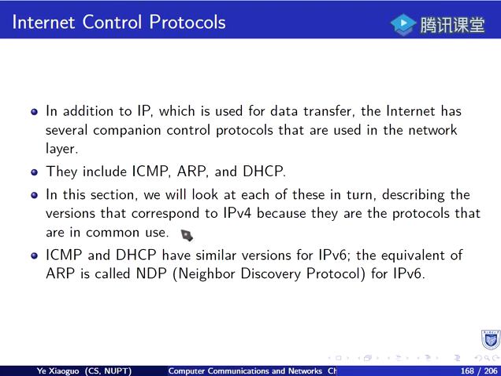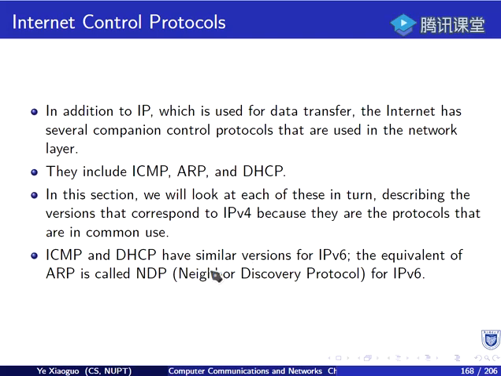In addition to IP, which is used for data transfer, the Internet has several companion control protocols that are used in the network layer. They include ICMP, ARP, and DHCP.